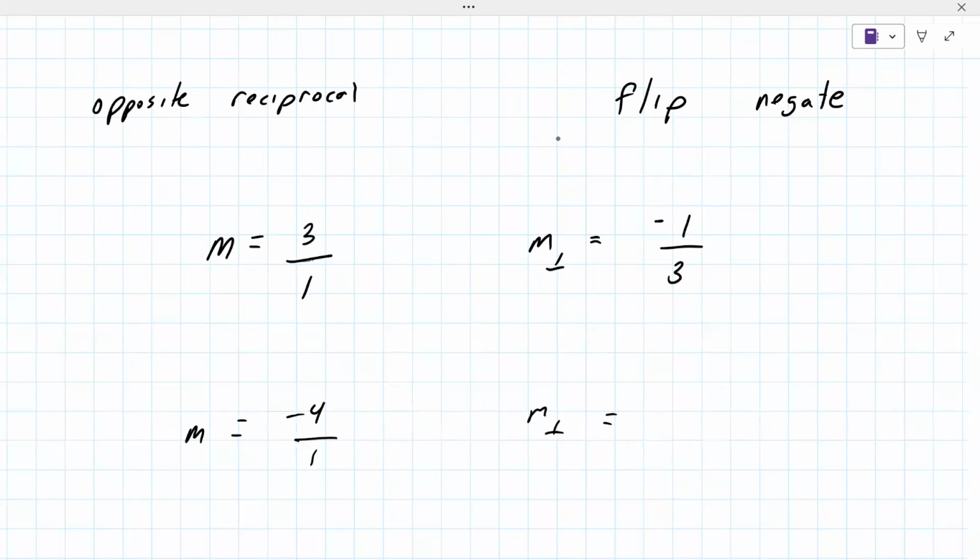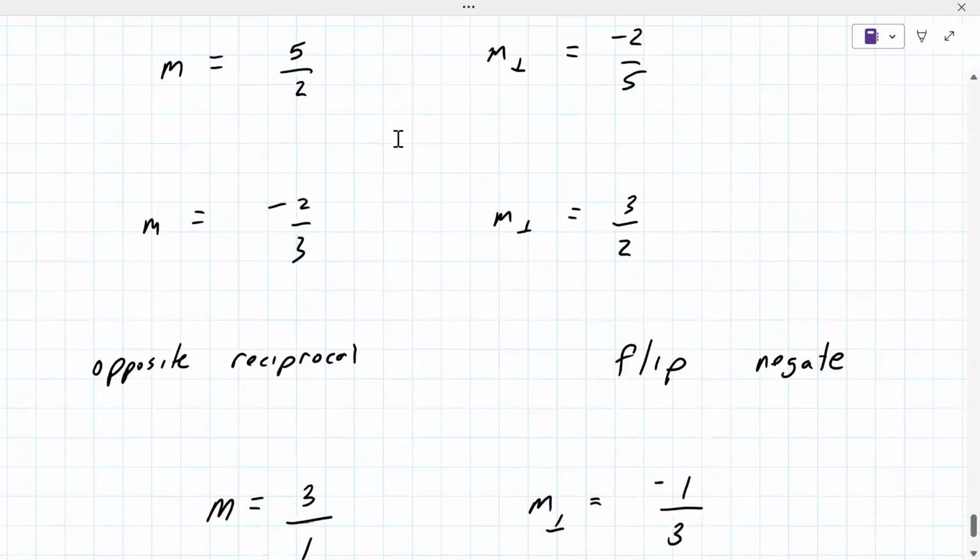So the perpendicular is 1/-4 negated, which makes it +1/4. Is that clear? Yeah. Okay.